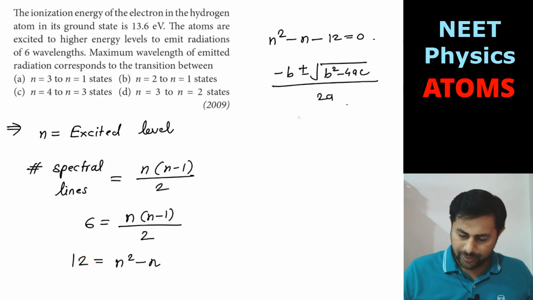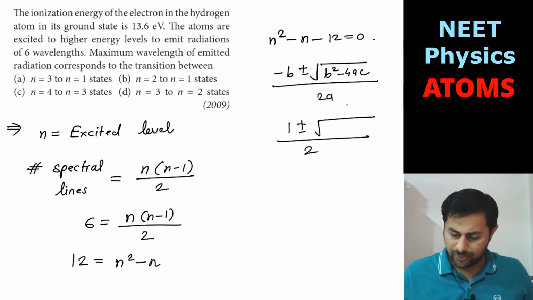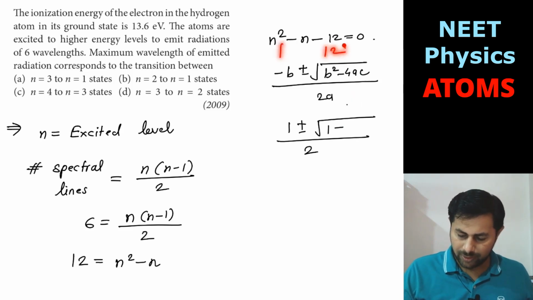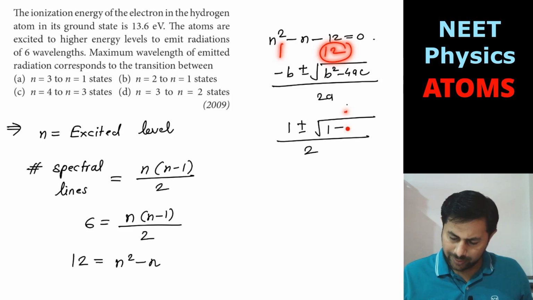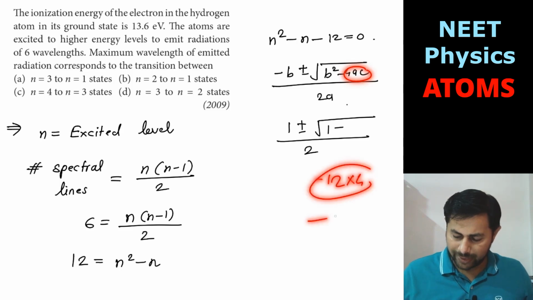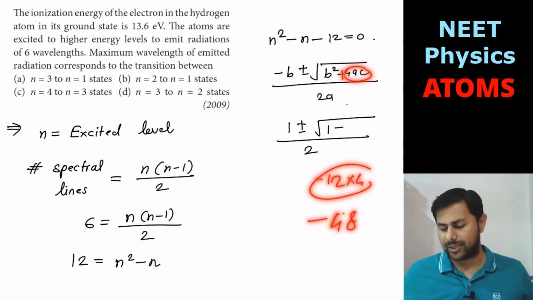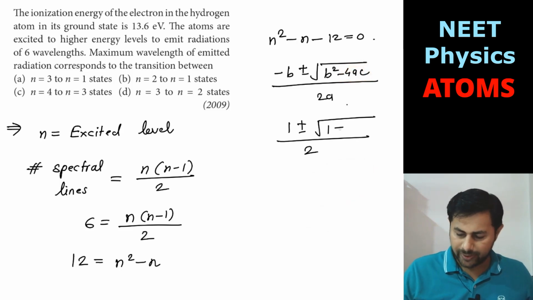So 4 times 1 times minus 12 is minus 48, and with the negative sign, plus 48. 1 plus 48 is 49, so the square root is 7.